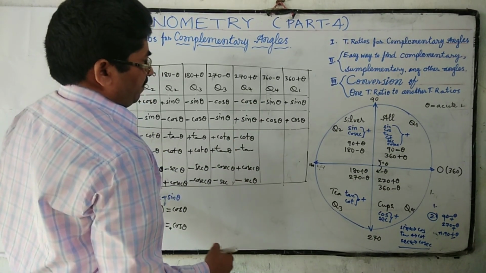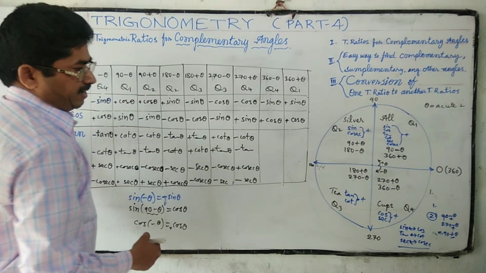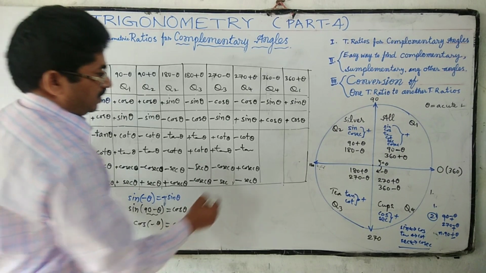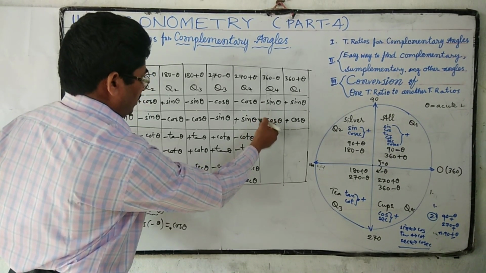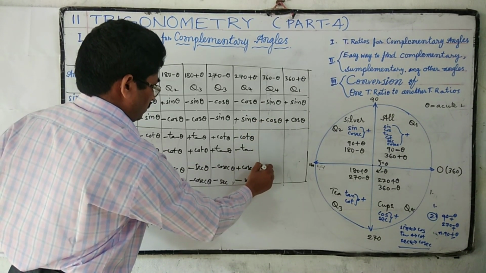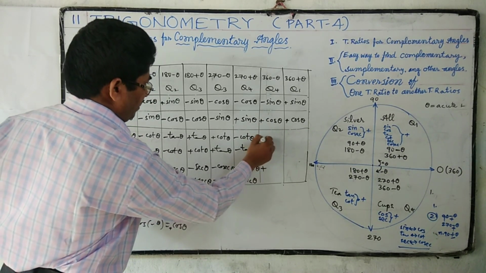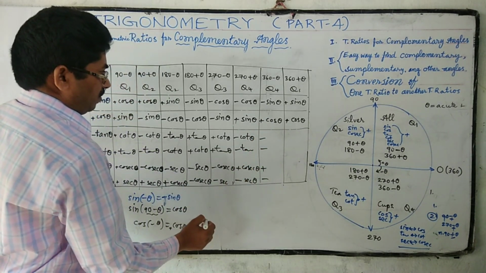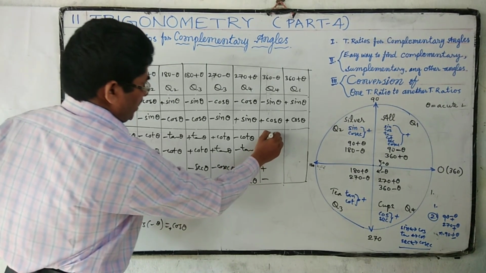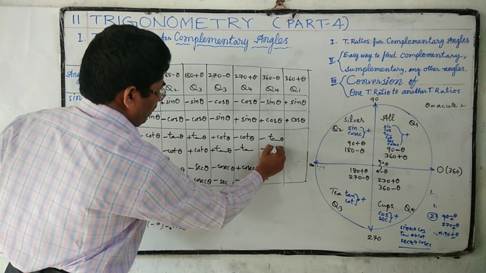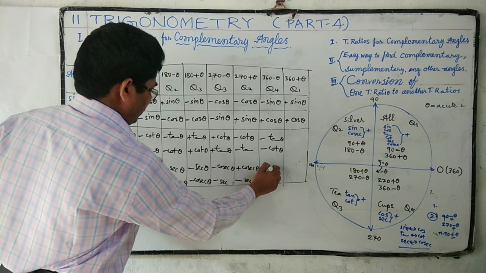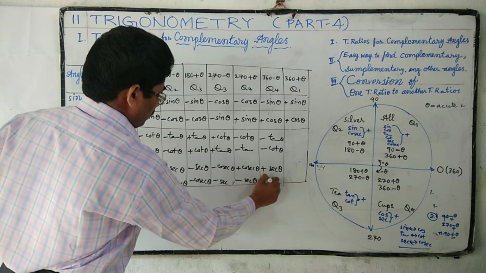360 minus theta, fourth quadrant all silver T cups, cos and sec only positive, remaining all negative. But no need to change the function: tan, tan; cot, cot; sec, sec; cosec, cosec.